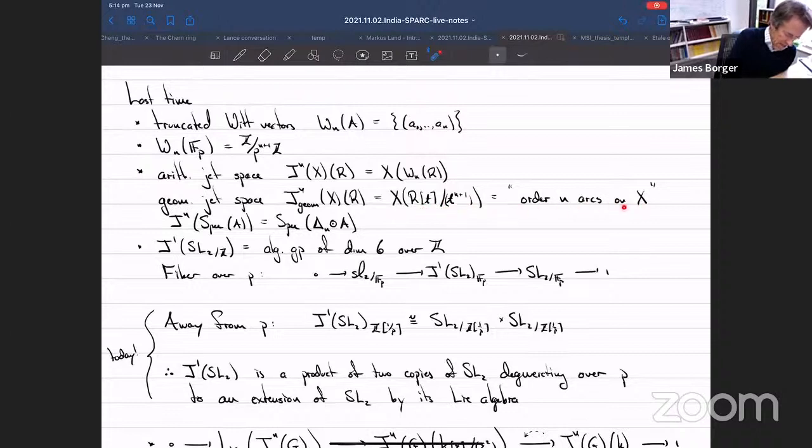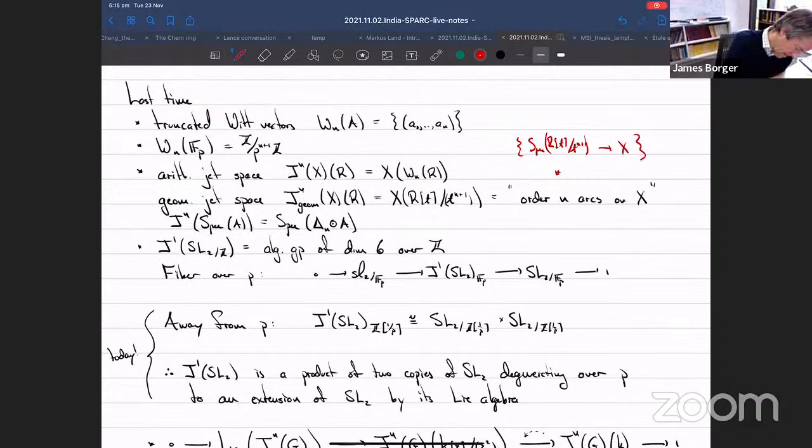And one thinks of this scheme theoretically as arcs of order n on X. So a point on the jet space is an infinitesimal arc of points on the original variety. Because of course, this is the homomorphisms from Spec R[t]/(t^(n+1)) to X.